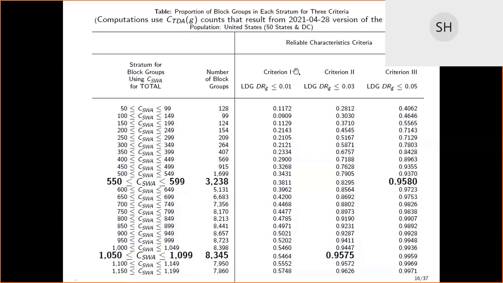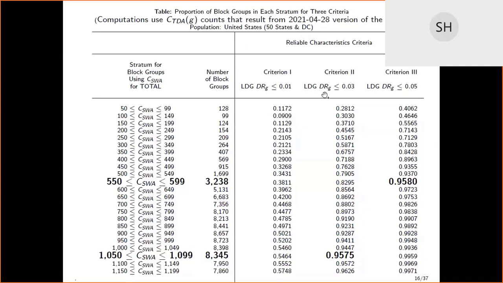And we're looking at three criteria here. For the first criterion, out of this 128, what proportion of the block groups satisfy criterion 1, where the largest demographic group has a difference of ratio less than or equal to 0.1? It happens to be 0.1172.